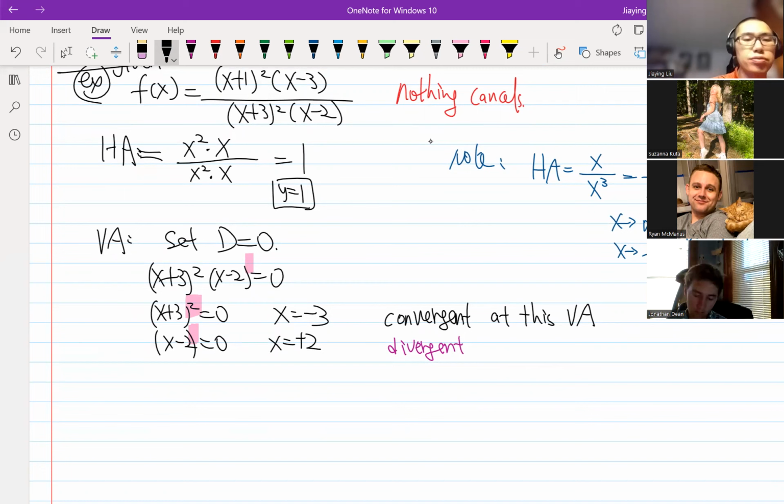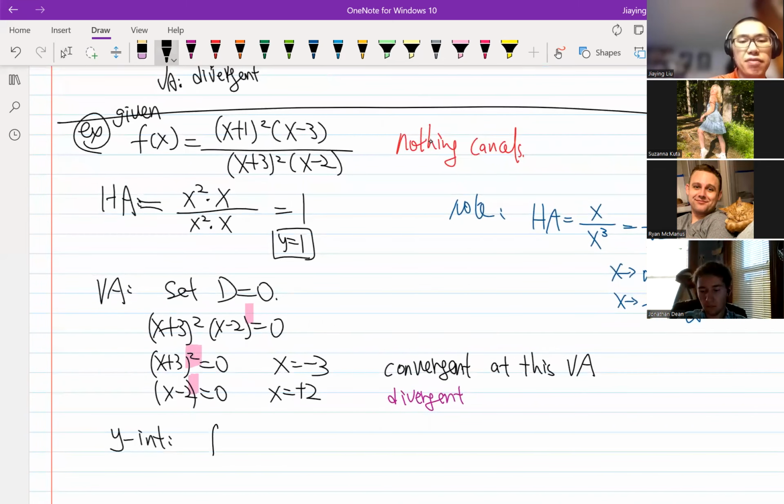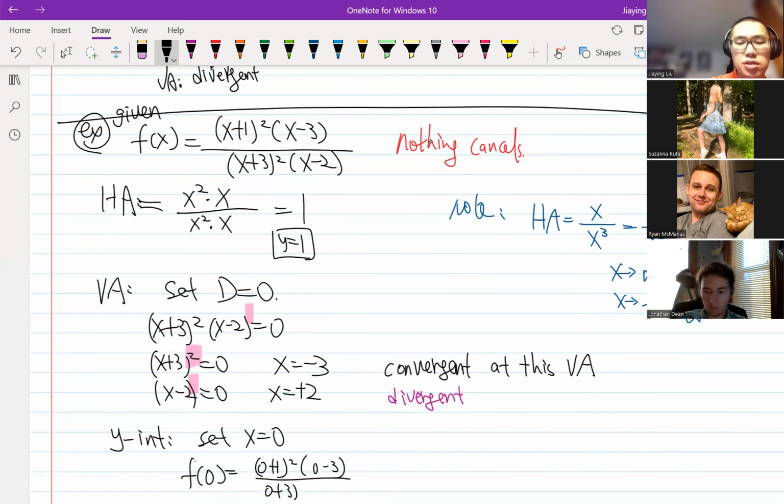So let's move on to the intercepts, starting with the y-intercept. We take x equals 0 and put it in, so we get f of 0 equals (0 plus 1) squared times (0 minus 3), divided by (0 plus 3) squared times (0 minus 2).